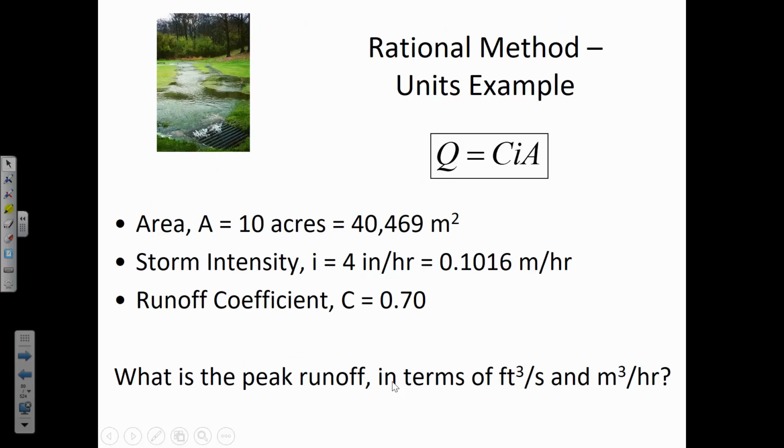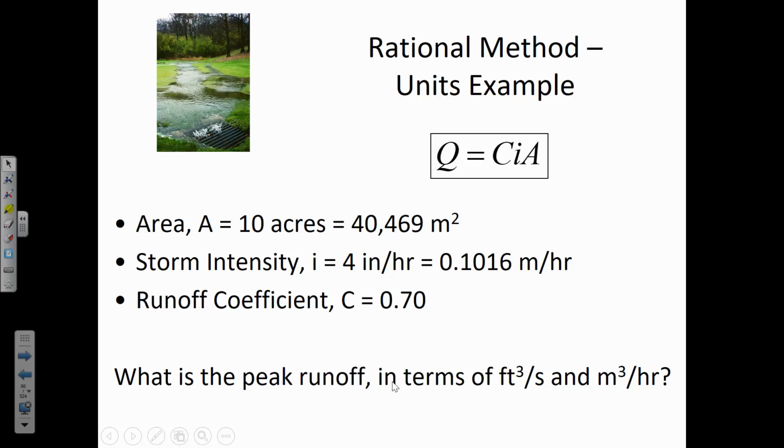Before we get into StormCAD, let's review very briefly the rational method. I want to do this example to drive home the point of what the units of flow rate are when you multiply everything together, because there's an interesting coincidence when it comes to the traditional units for Q equals CIA.